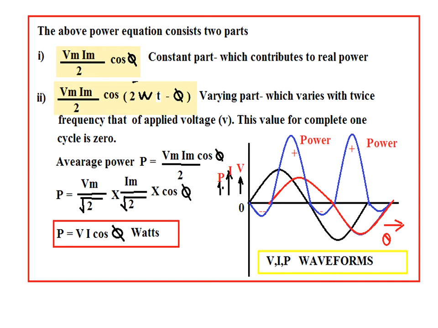This may be replaced by Vm by root 2 into Im by root 2 into cos phi. Vm by root 2 is the RMS value of V, and Im by root 2 is the RMS value of current. Hence, the final expression becomes power per one cycle equals VI cos phi: RMS value of voltage into RMS value of current into power factor.